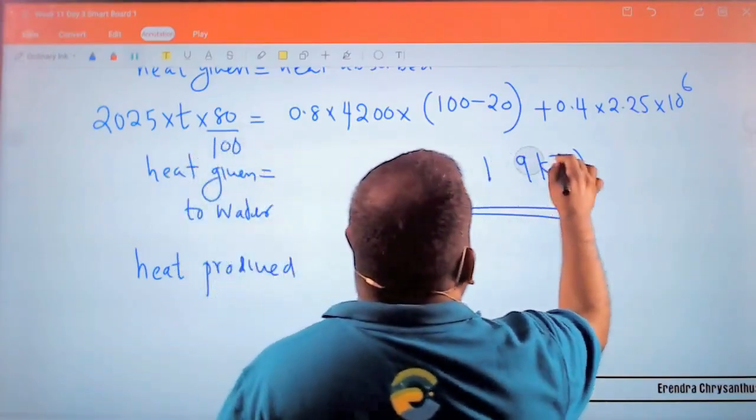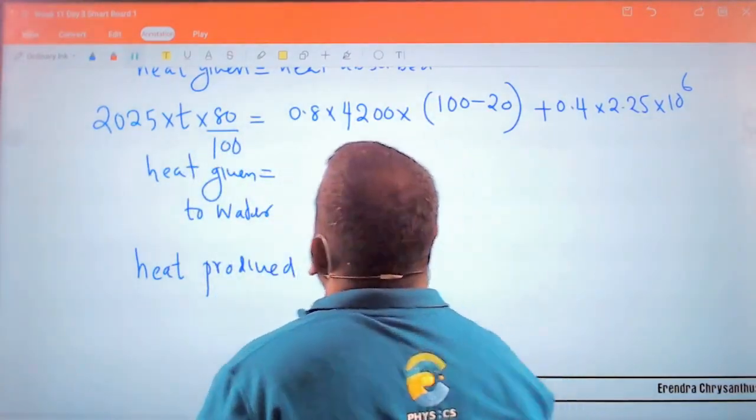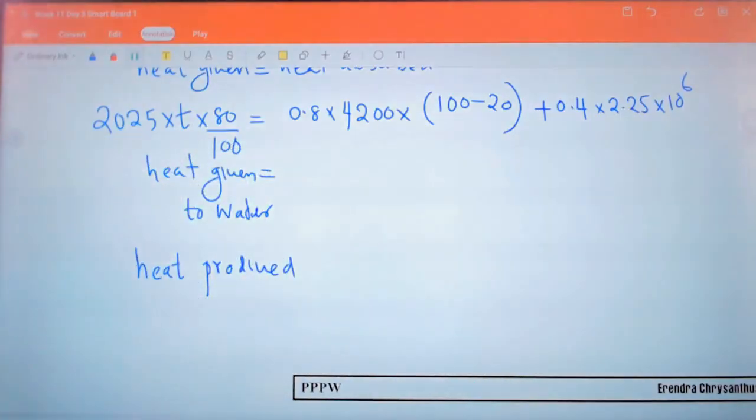So here you need to calculate that. If you simplify it, this is the relationship that you will get. So let me calculate that. Heat produced by the heater.